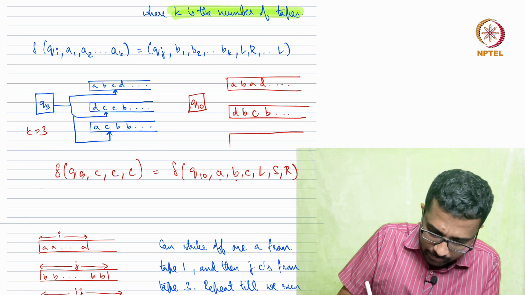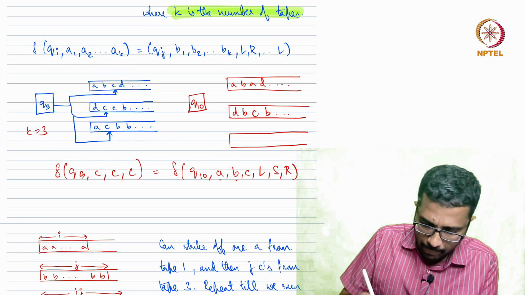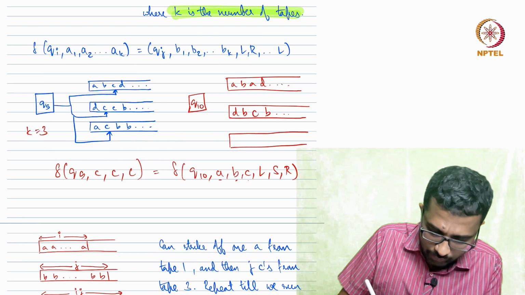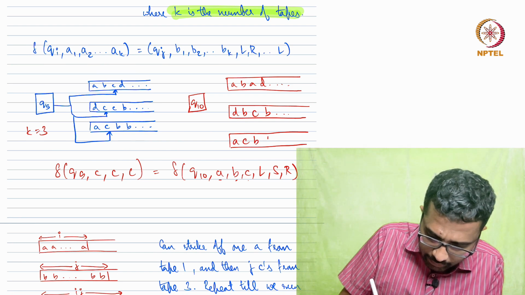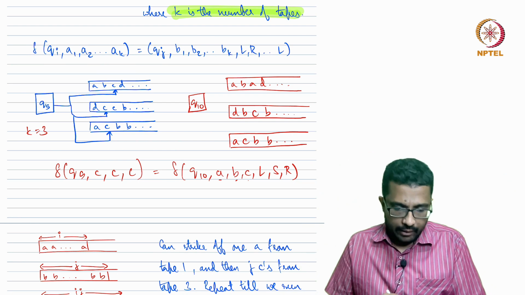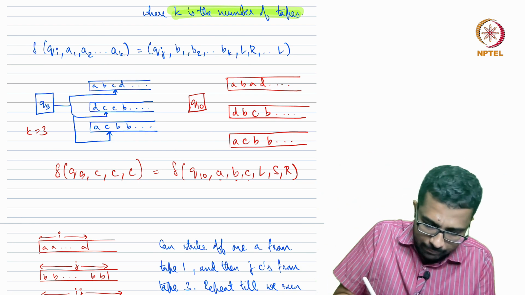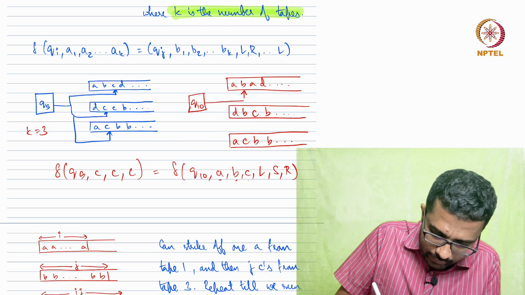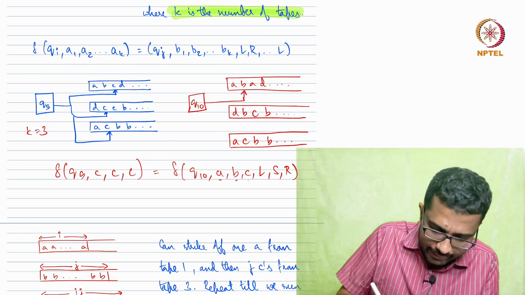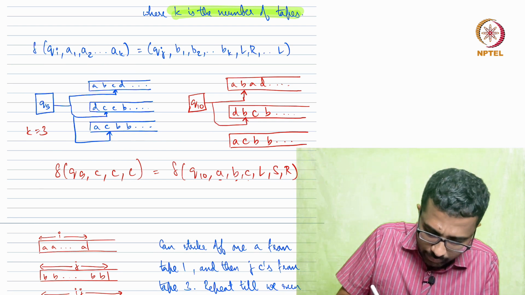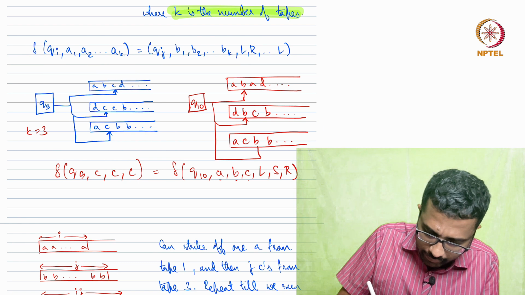And the third tape, it was pointing at C, and that remains C. Wherever the head was not pointing, that does not change. And further, the first tape moves one step to the left, the second head stays, and the third head moves one step to the right.